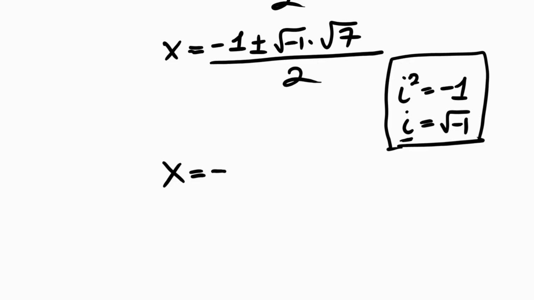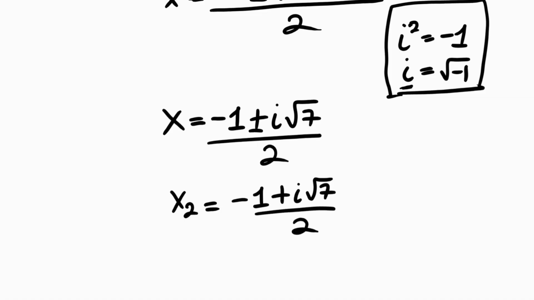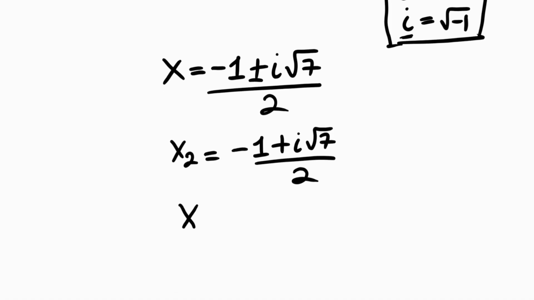So this becomes minus 1 plus or minus i root 7, divided by 2. So x2 becomes minus 1 plus i root 7 divided by 2, and x3 becomes minus 1 minus i root 7 divided by 2.